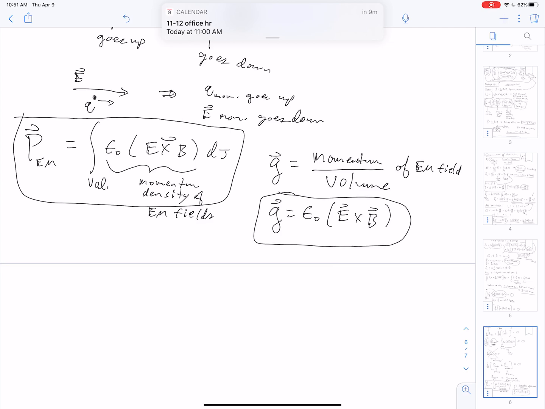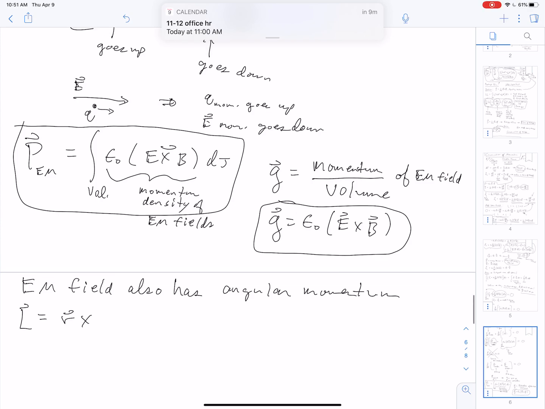I will also mention that the electromagnetic field also has angular momentum. I'm not going to derive that, but it's generalizable, and it's actually pretty easy to see because you know that angular momentum L is equal to R cross P in classical mechanics.